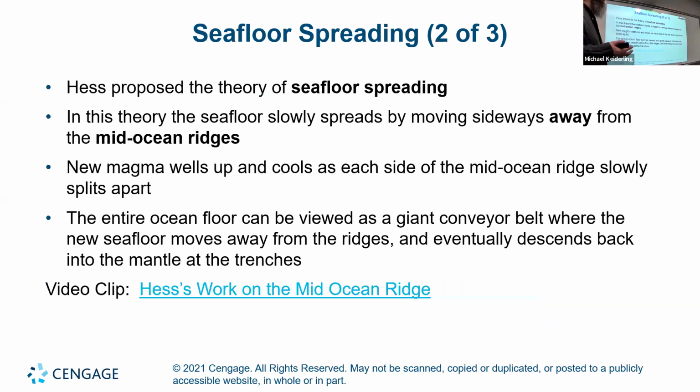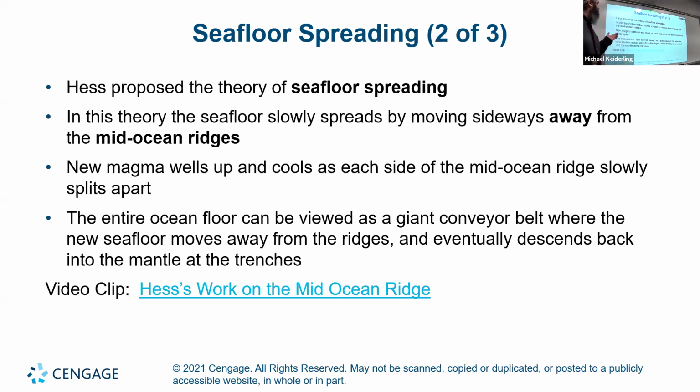So Hess proposed the model, the theory of seafloor spreading, where in some places, continental plates are separating apart, tearing apart the crust, leading to an upwelling of magma that makes new seafloor. While in other places, that old seafloor is sinking underneath other crust and being destroyed.